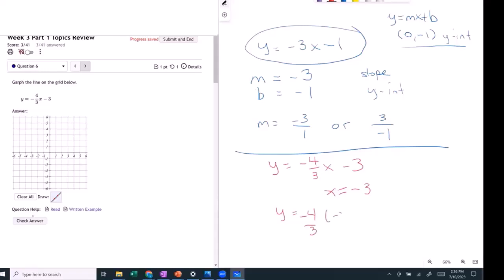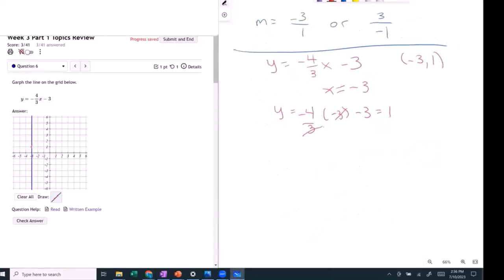-3/4 times -3 minus 3. 3 cancels with the 3, and then I have really -1. -4 times -1 is +4, minus 3 is 1. I now have an ordered pair -3, 1. We have x equals -3, y equals +1.